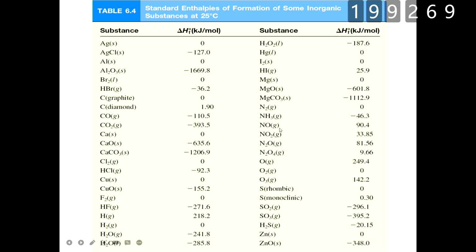We can also see NO, right? All of these are compounds. If it is a compound, definitely it should have some number for the enthalpy of formation. But for the elements, only some have none.